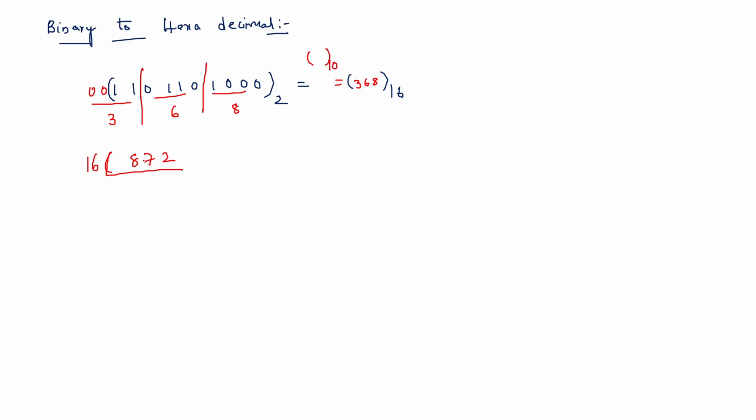So 5 times 16 is 80, remainder is 72. 72 means 4 times 16 is 64, and then remainder is 8. 8 is the remainder. Similarly, 16 we can divide: 3 times 16 is 48. So 3 times and remainder is 6. Then we get 368 as the hexadecimal number. Are you getting my point, all of you?